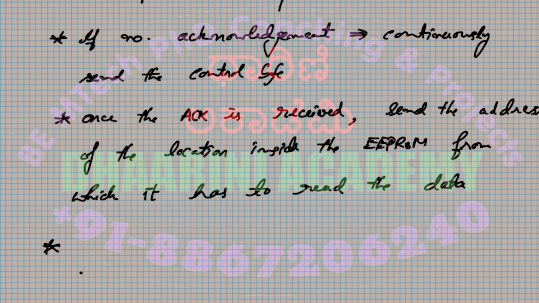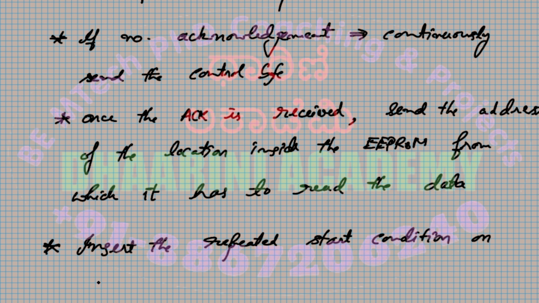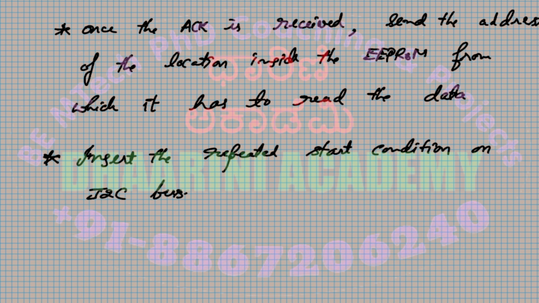Okay, so insert the repeated start condition on the I2C bus. Again, repeated condition we already have written, right? We are simply calling that. Now once you put the repeated start condition on the bus, immediately after this you read the data.